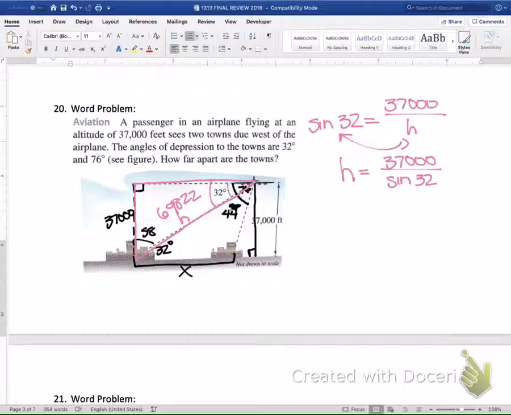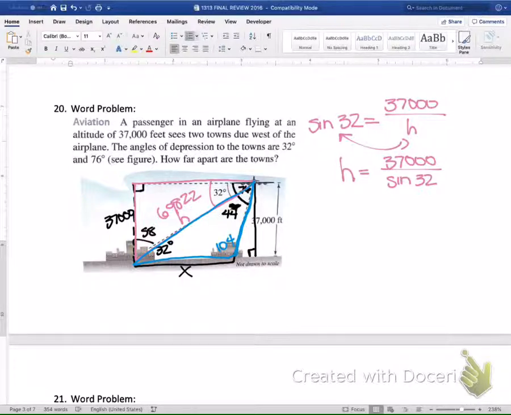After that, I then worked with this inside triangle. Can I use basic sine, cosine, tangent in this triangle? No, there are no right angles. We can find the third angle very easily by subtracting 180 minus 44 minus 32.